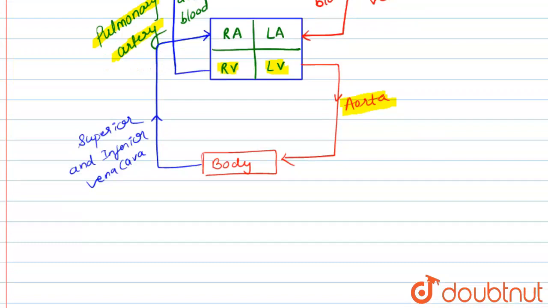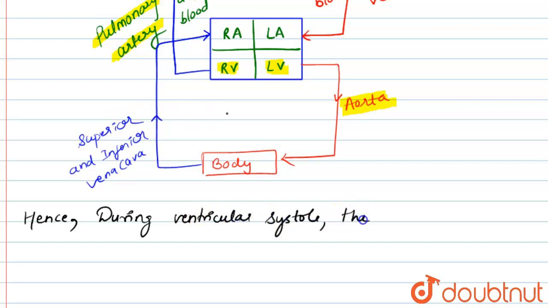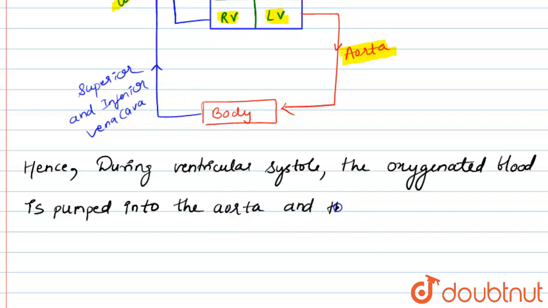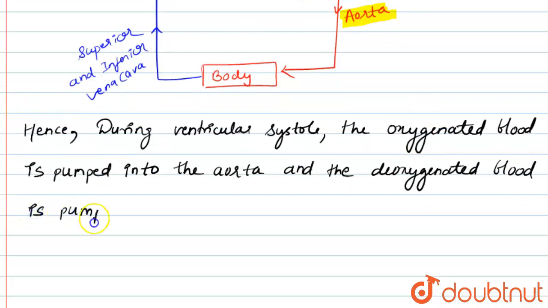So let us write the final statement. Hence, during ventricular systole, the oxygenated blood is pumped into the aorta, and the deoxygenated blood is pumped into the pulmonary artery.